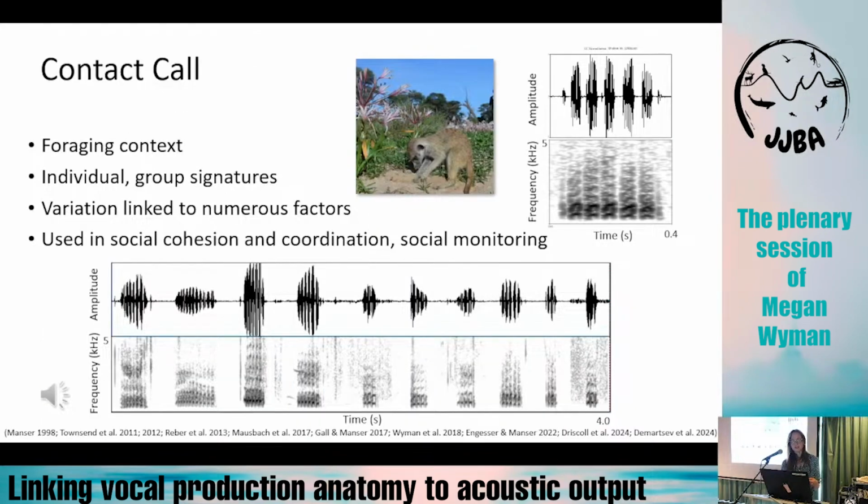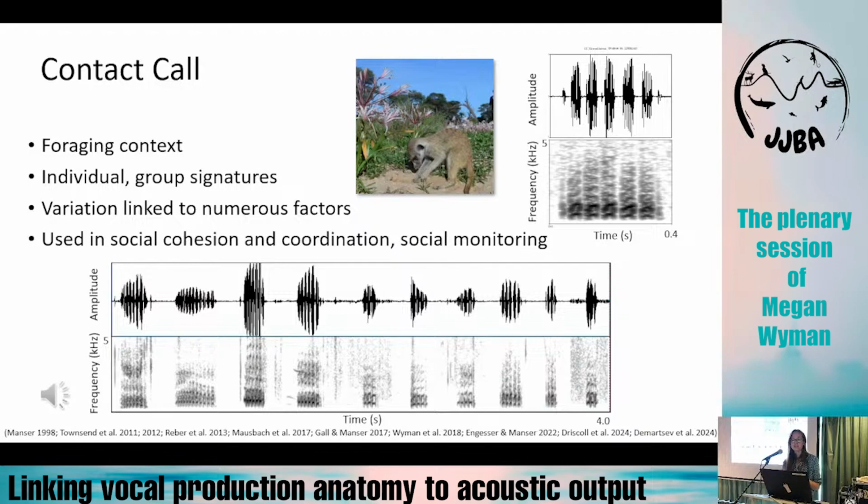There's high reproductive skew, and they're highly vocal with over 30 different call types. Here are contact calls. These are all done in a foraging context as the meerkats are moving through the landscape, digging up food from the sand and eating it. They move as a group, they forage as a group, and here's what their social calls sound like. These are all different individuals.